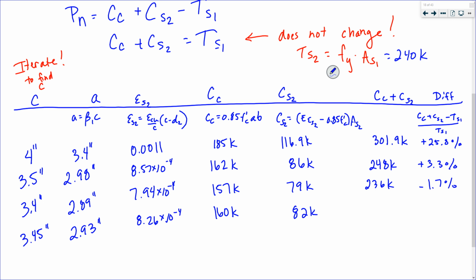That should give me 242 kips. Now I'm getting close. You can iterate as long as you want. 242 minus 240 divided by 240 times 100: I'm within 1%.